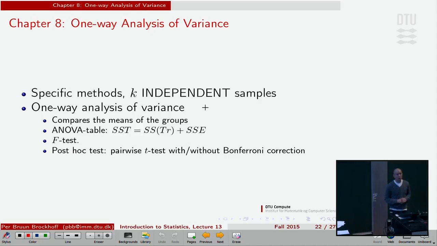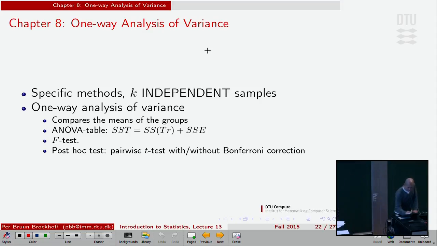For instance, the first one, the one we called one-way analysis of variance, that's the generalization of the two independent samples case, because this is where we consider that we have k independent groups. And usually independence means that it's, for instance, different people or different animals or different whatever units in the different groups.